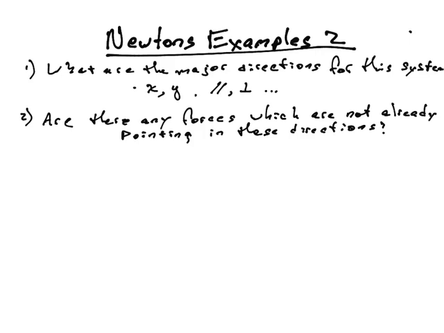So, for instance, if you have a horizontal surface, you look, okay, X and Y direction are the major directions. All the forces, are there any forces which do not already point in the X or Y direction? Gravity's a Y direction. If you're pulling on the box horizontally to the right, that's an X direction. If you're pushing on the box, but it's pushing at an angle, now you have a force which is not already in the primary direction.